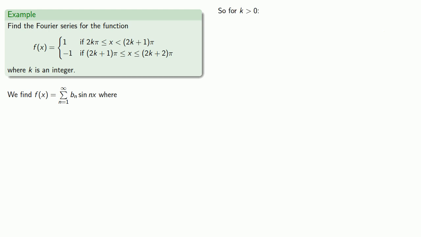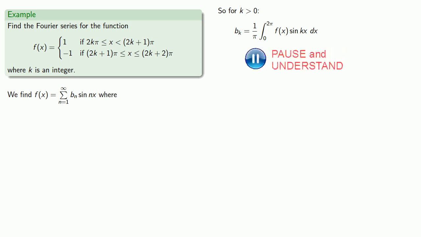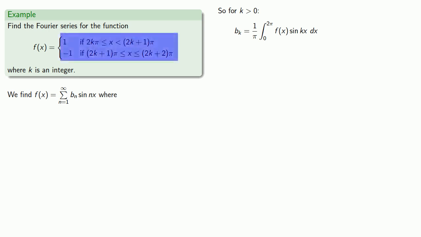And so for k greater than 0, bk will be 1 over pi times the integral from 0 to 2 pi of f of x sine of kx. Now to evaluate this integral, we'll need to remember what our function is, and the important thing to recognize here is that the function value changes at pi.